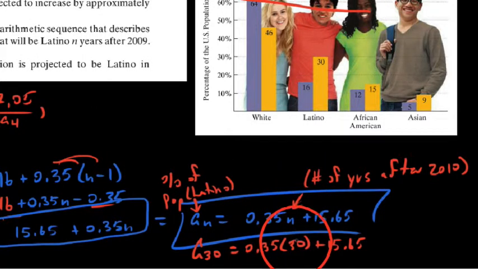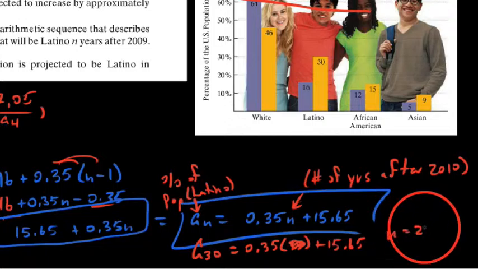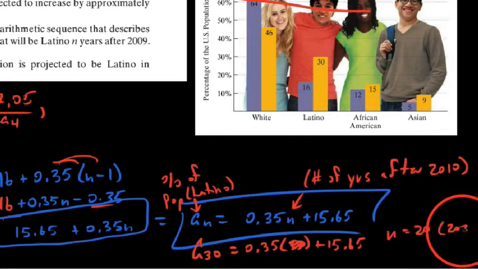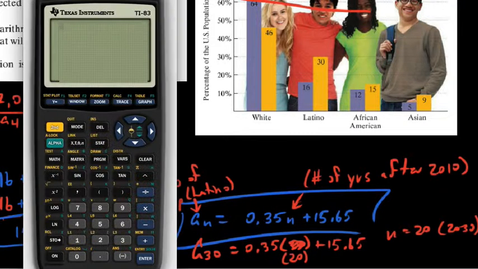So I apologize, our n value here is supposed to be 20, and that would be the year 2030, which is 20 years after 2010. So we're going to replace this with a 20 here, and I'm going to try this again. We say 0.35 times 20, plus 15.65.